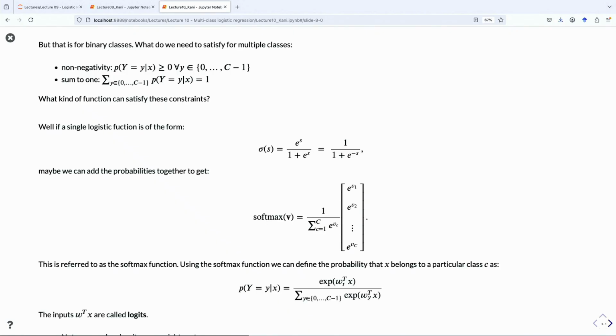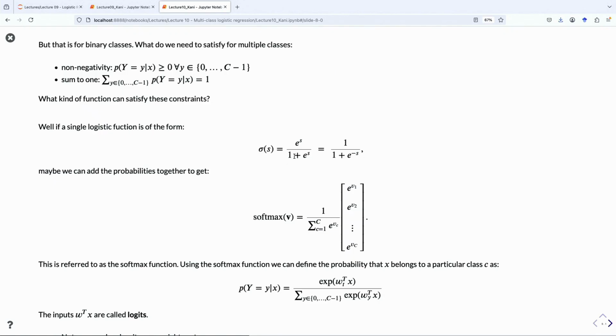Well, if a single logistic function is of the form 1 over 1 plus e to the negative s, then you could write this itself as e to the s over 1 plus e to the s.